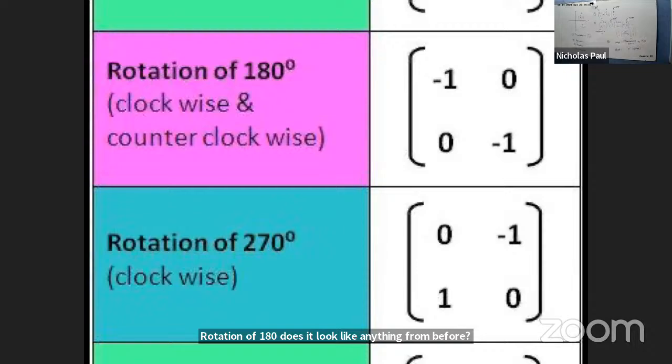Rotation of 180 is similar to something. Reflection about the origin, nice. So that's one less you have to do. It's the same now, with one less to go.